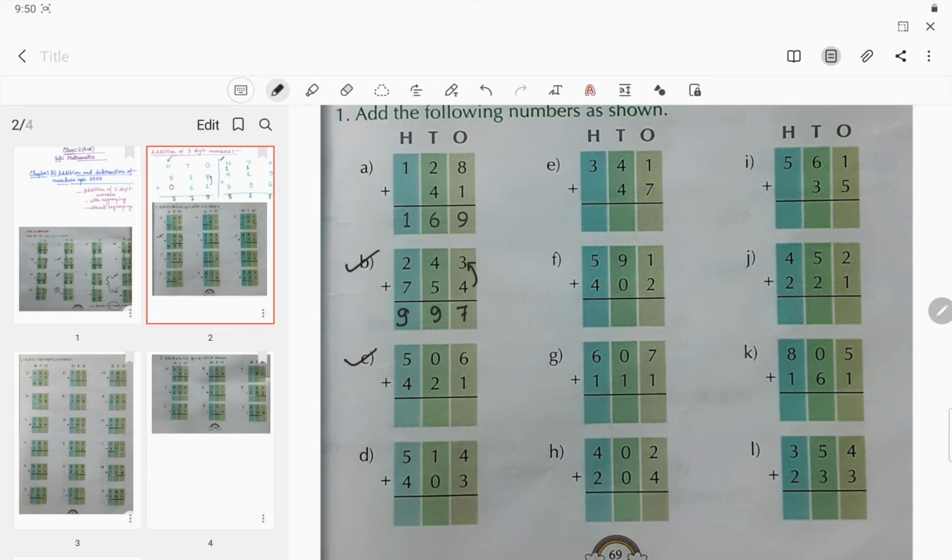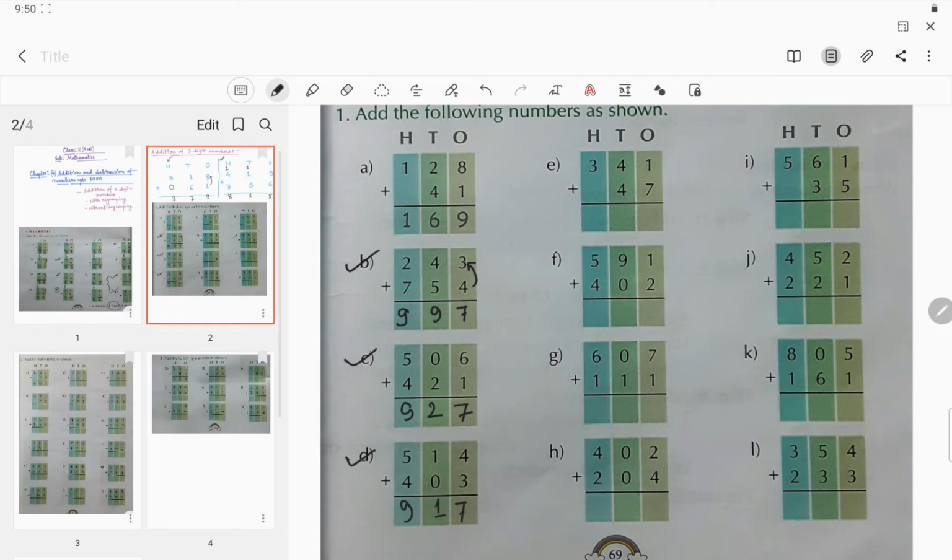Now C number. 6 plus 1 or 1 plus 6, 7. 2 plus 0 is 2. 4 plus 5 is 9. D number. 3 plus 4, 7. 0 plus 1, 1. 4 plus 5, 9.